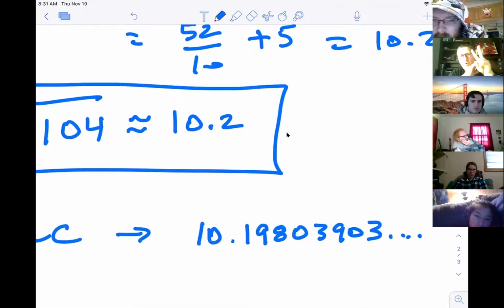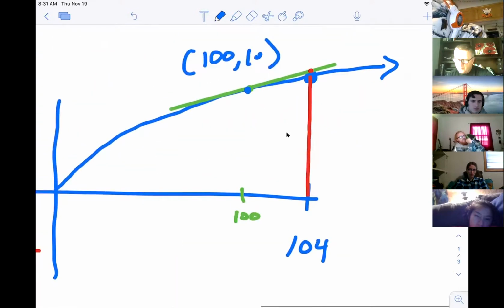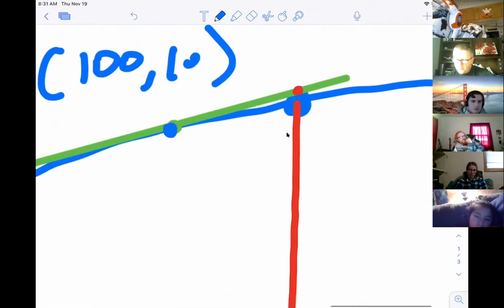We missed it by 2 1,000ths. I mean, that is really accurate. So not only did we know it was under 10.2, but it was only off by 2 1,000ths. And so that's the separation between these two points. The distance between the red point and the blue point, 2 100,000ths. You wouldn't even really be able to see that on a graph.